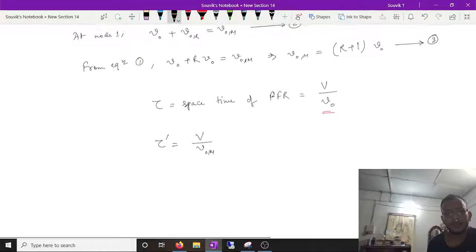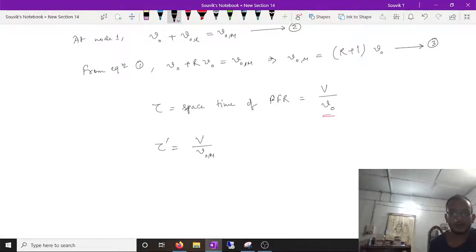From the above relation, that is equation 3, we can write this as tau dash equals V by (R plus 1) V0. This here is our equation 4, and this is the main equation which we will be using for the entire problem.